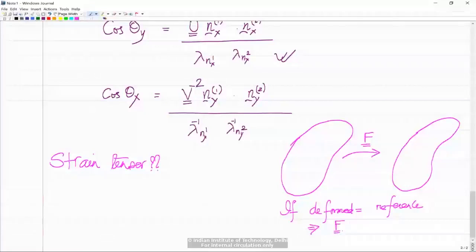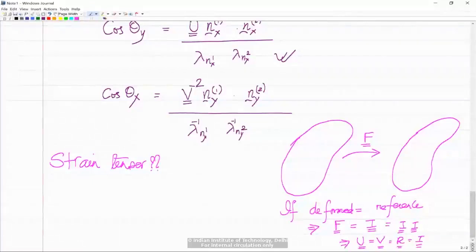In that case, F will simply be identity. And when you work out the polar decomposition, it is simply I into I. So this means U is equal to V is equal to R is equal to identity. All of them are identity.